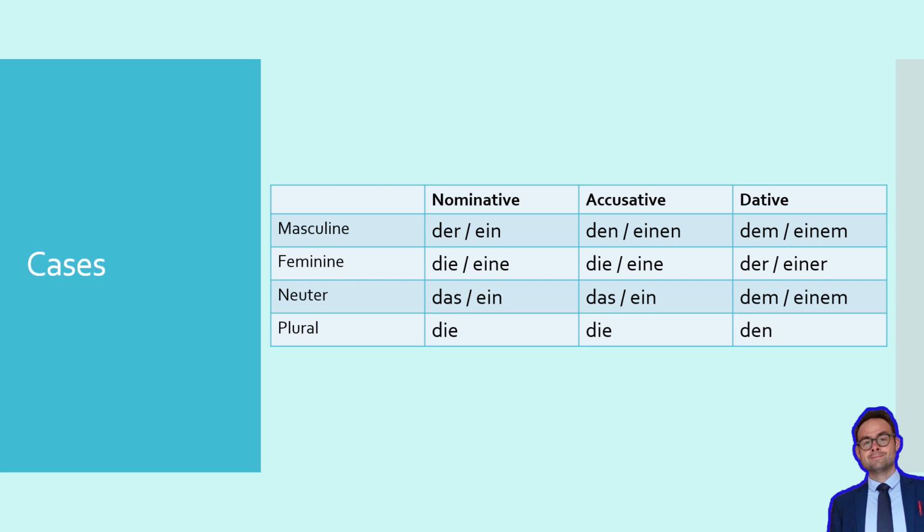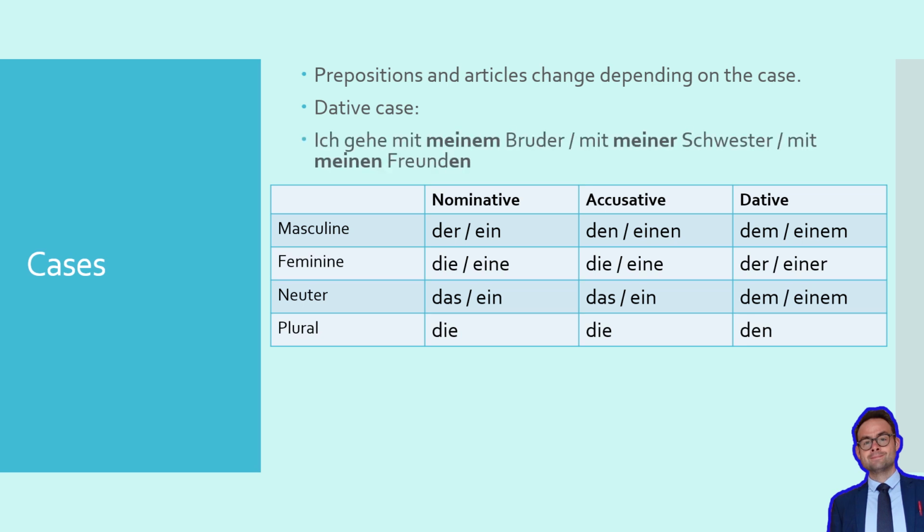The dative case could be the indirect object, or is often, in translation, what you're going to see after a preposition like mit, and then the ending is going to change. All the adjective endings for dative, helpfully, end in en. So articles change depending on the case. A really common thing to look out for in the translation is the dative, because there's often a "with someone" in there.